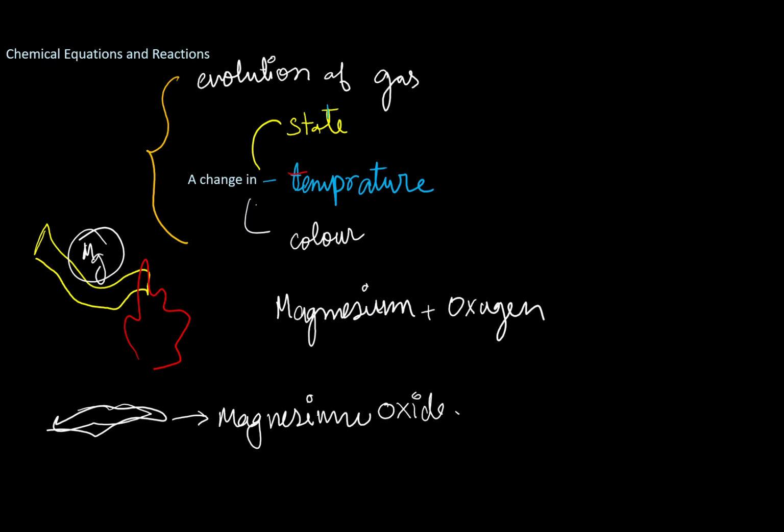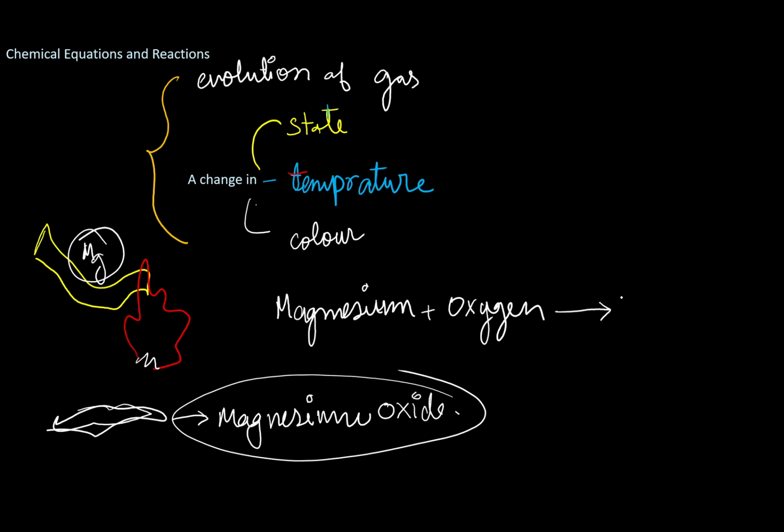It is burning in the presence of oxygen. Again, we do not write plus fire, we write oxygen. And now the product formed is magnesium oxide. We show that it is formed with an arrow, and then we write magnesium oxide.